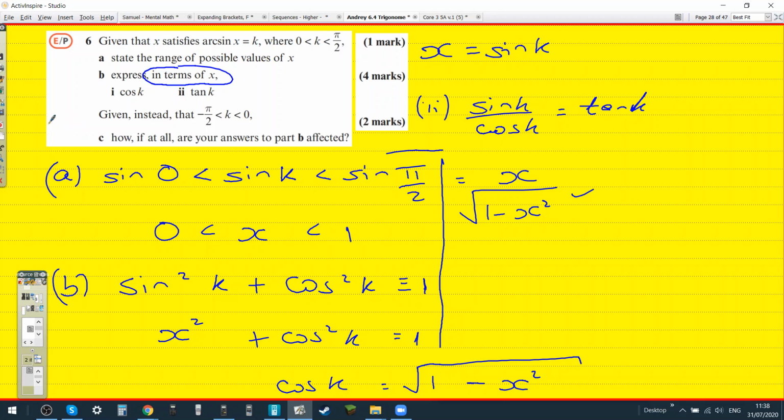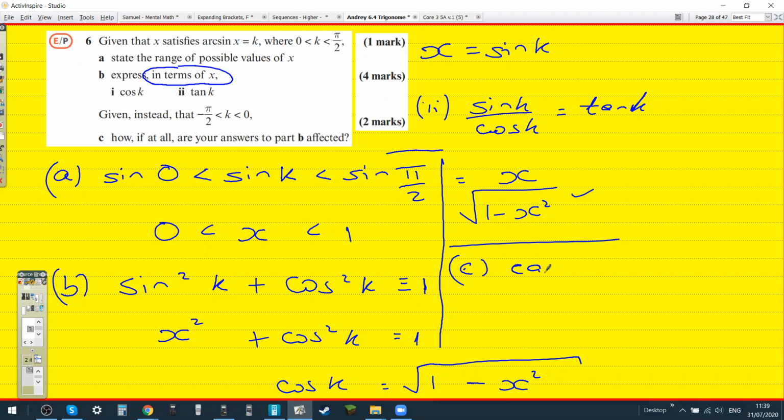I'm in part C. Would it be that the answer won't work because the answer from x over the square root of 1 minus x squared will be positive, and so it will affect the answer because this new range only gives me negative numbers.